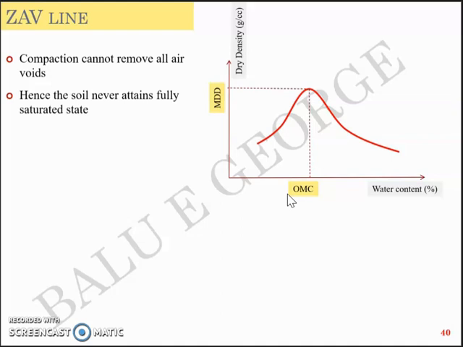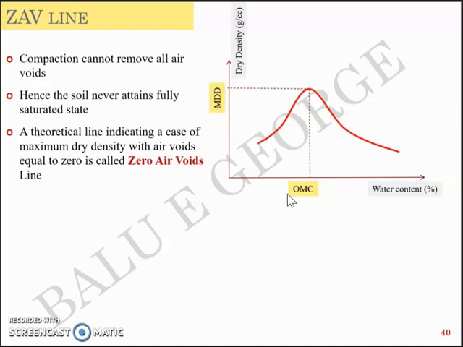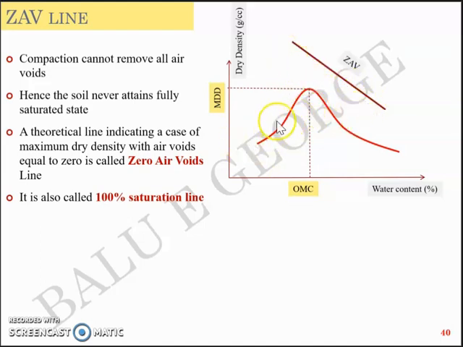But there can be a theoretical line indicating a case of maximum dry density with air voids equal to 0. That theoretical line is called the zero air voids line. It's also called the 100% saturation line, and it is somewhere here. So obviously the laboratory test result falls well below the zero air voids line.